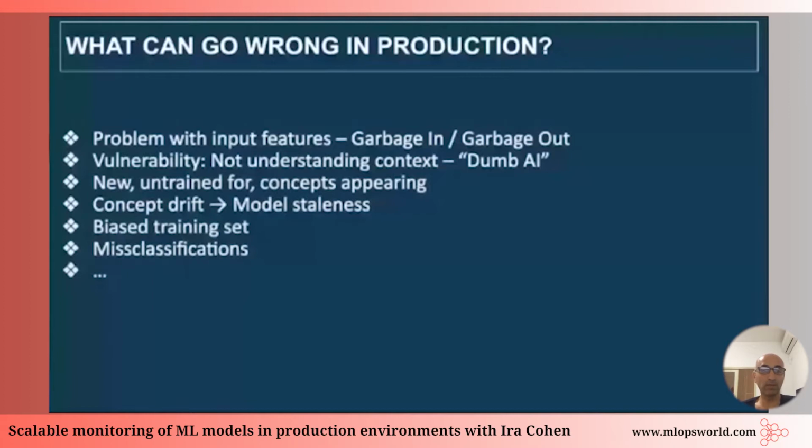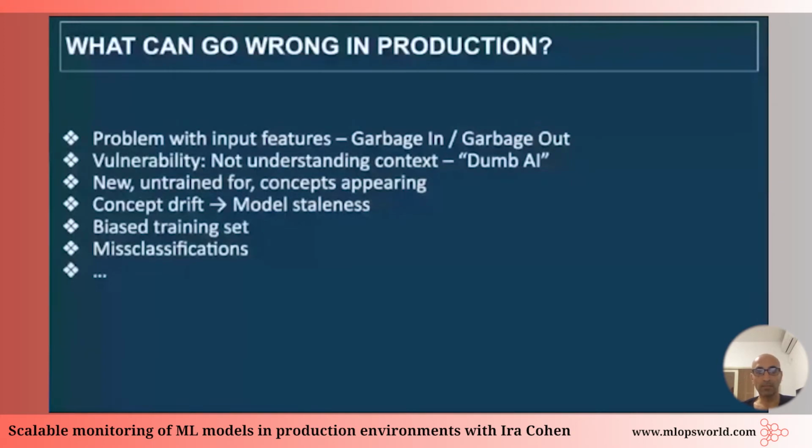For example, if you design a churn prediction model for games, it could be that the game mechanics have changed, and the things that would help you understand churn before actually drifted, and you need to retrain your models. Your models are stale. Then you have biased training sets. You have misclassifications. There could be a lot of reasons and a lot of things that could go wrong.